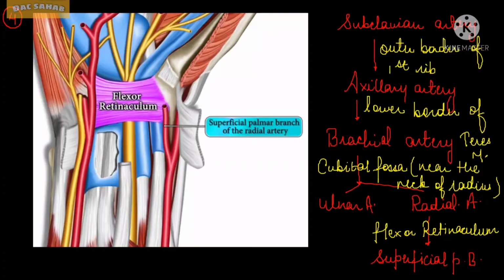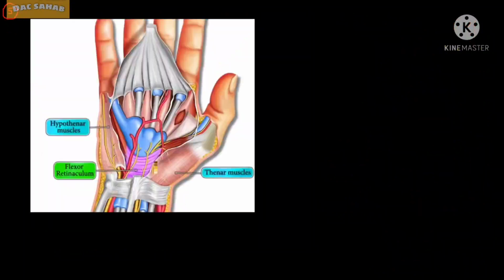So this superficial palmar branch passes above the flexor retinaculum. So till now we have talked about the four superior relations of flexor retinaculum. The last one is the origin of thenar and hypothenar muscles.